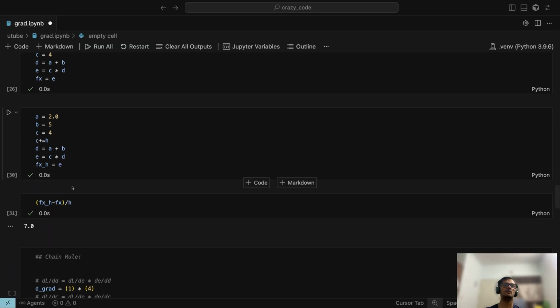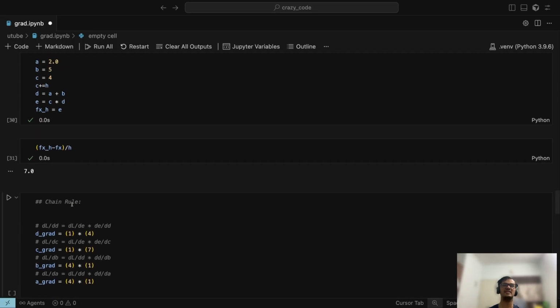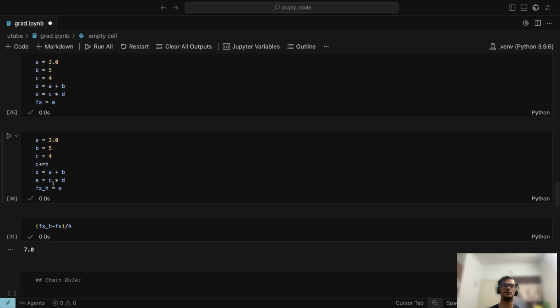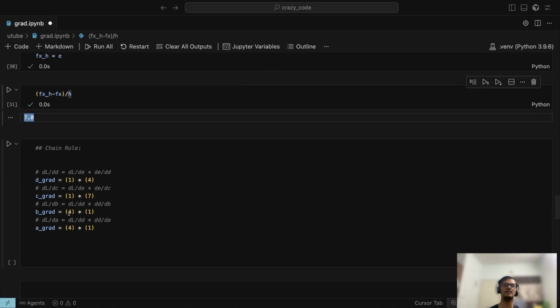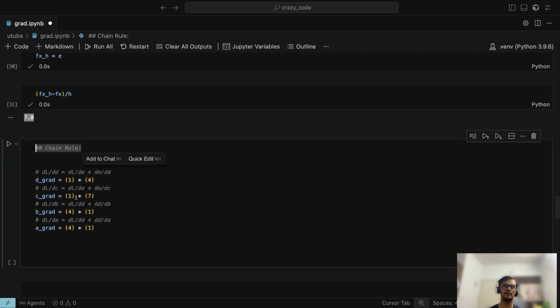Now, instead of going through this again and again to get the gradient values of each variable, we will use the chain rule. Here we have dL, and L is nothing but e. Our goal is to find the rate of change for each variable so that we can reduce the loss.